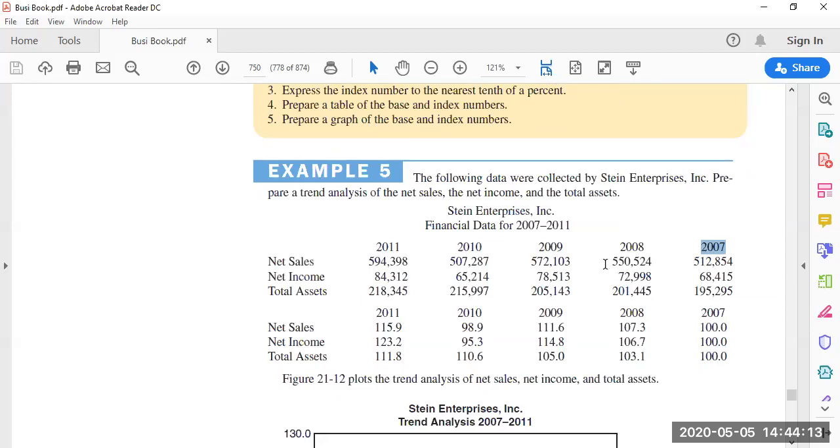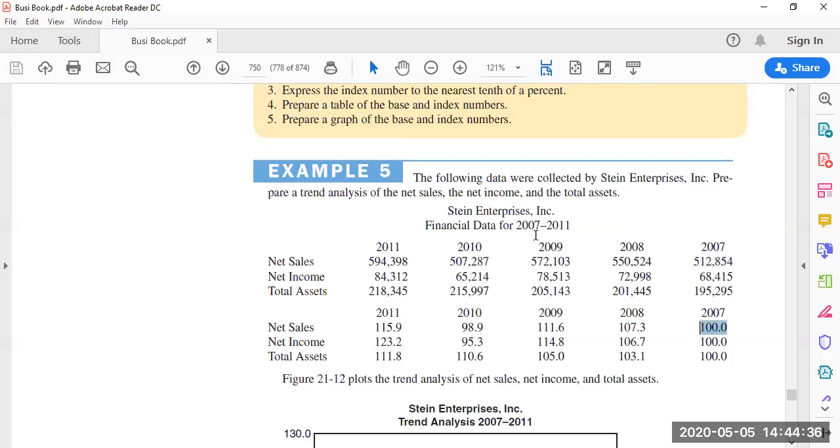Then they're going to take that value as the base. So for the net sales, for example, 2008, this 550,524 will be divided by the 512,854 to come up with this 107.3. The first column, 2007, of course, 512,854 divided by 512,854 gives you your 100%.